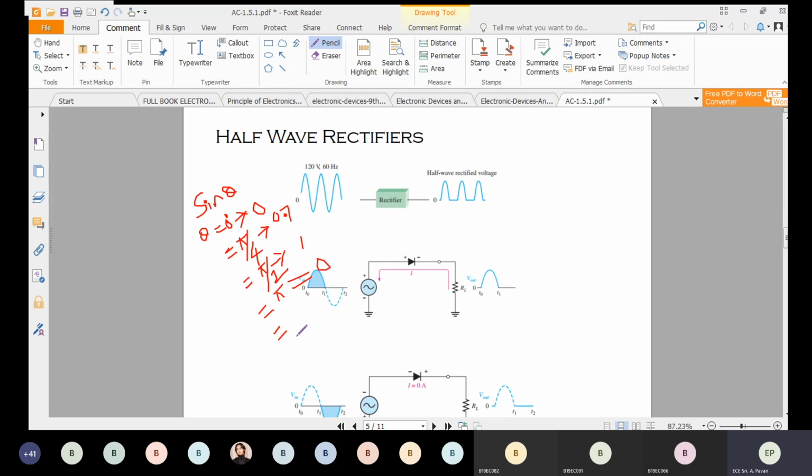Then after this we're going to have 270. 270 takes minus 1, right? Again 2 pi takes 0.